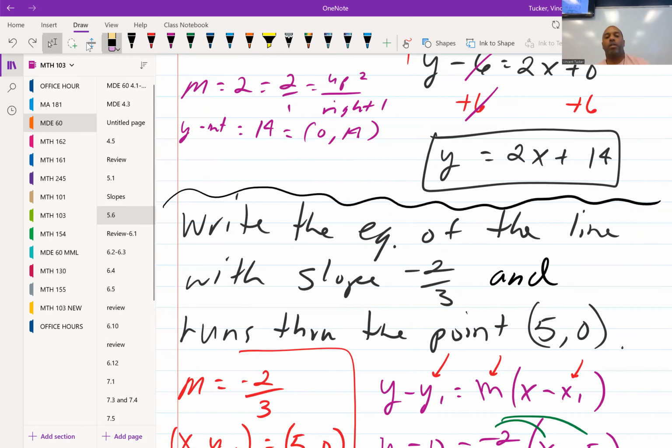All right. Another one, very similar, just different numbers. Write the equation of the line with the slope of -2/3 that runs through the point (5, 0).